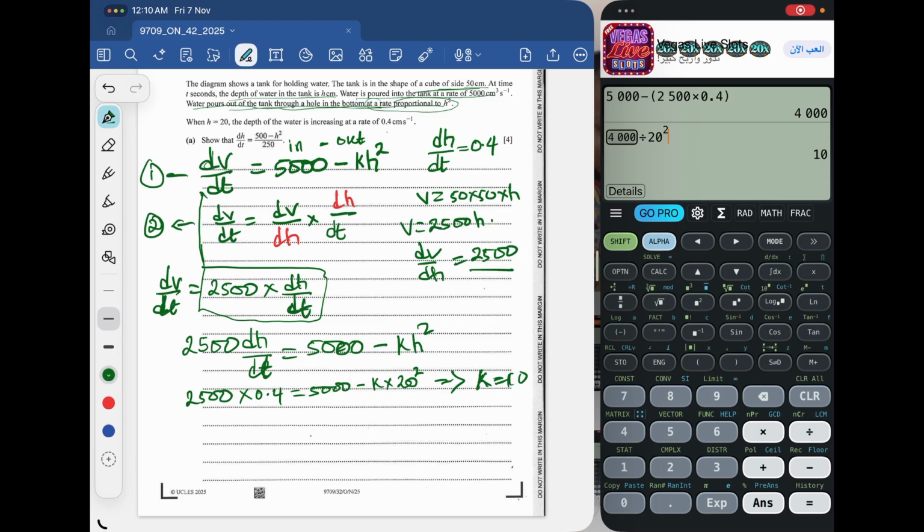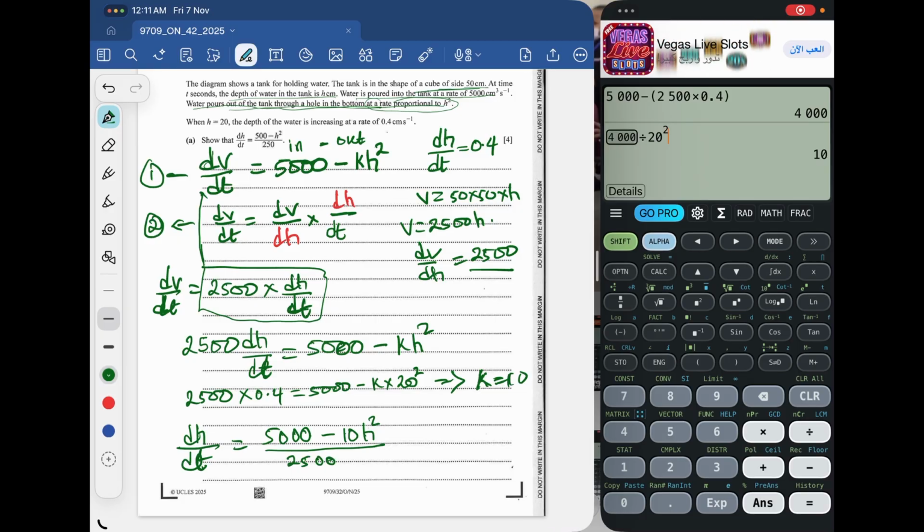I substitute my value for k, so dh over dt equals 5000 minus 10 h squared over 2500.